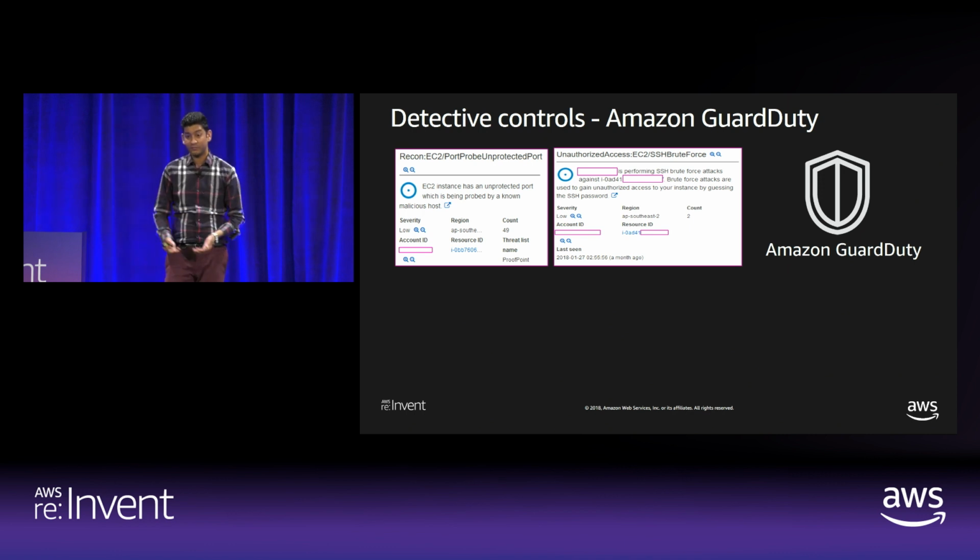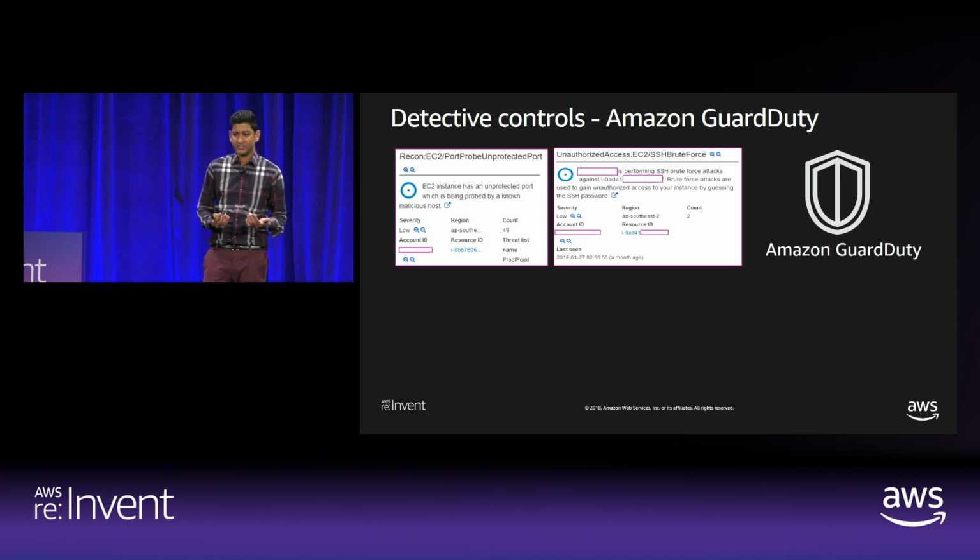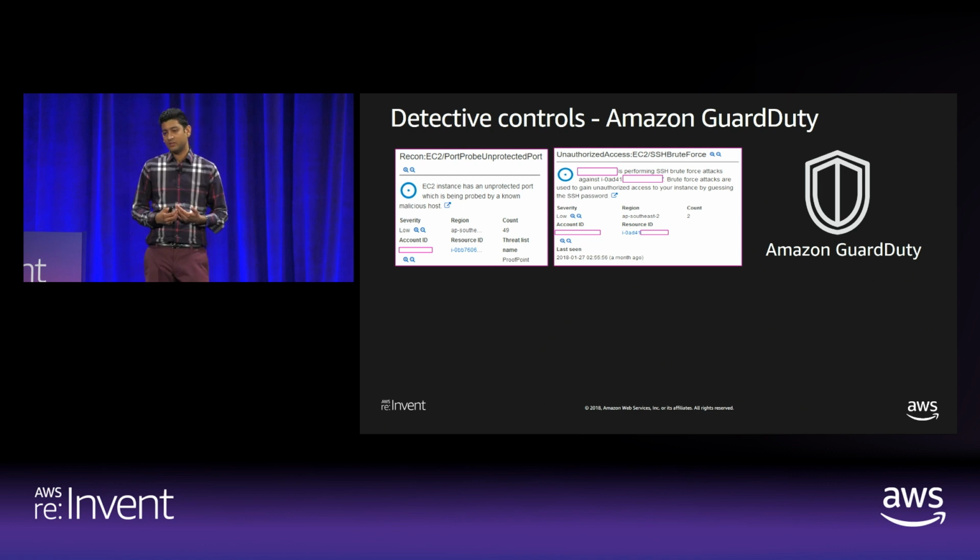Somebody's trying to clean up their trace, trying to disable CloudTrail, then that seems something fishy. It can send those findings as alerts and show you those findings, with a severity rating between 1 and 10. 1 being the least severe, you may find a lot of observations, 10 being very severe, and you want to take some actions on top of that.